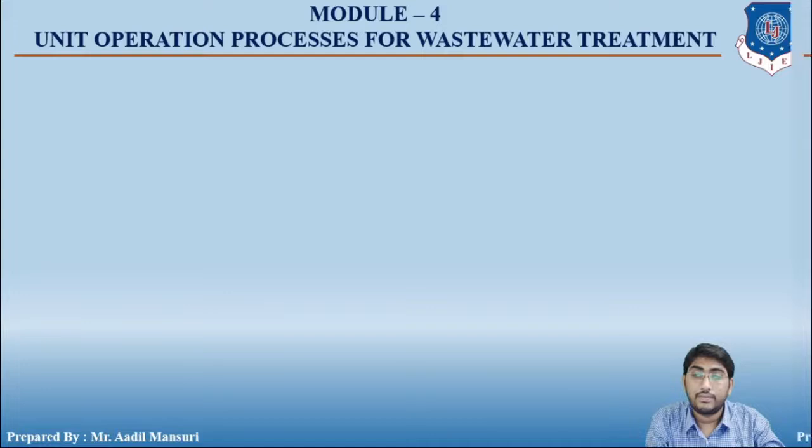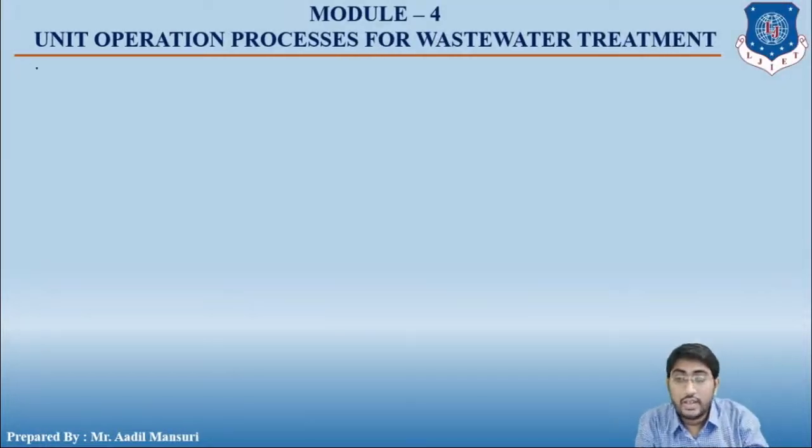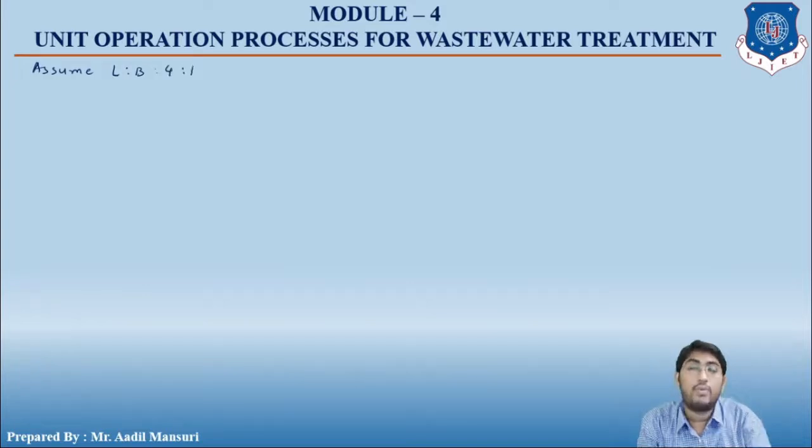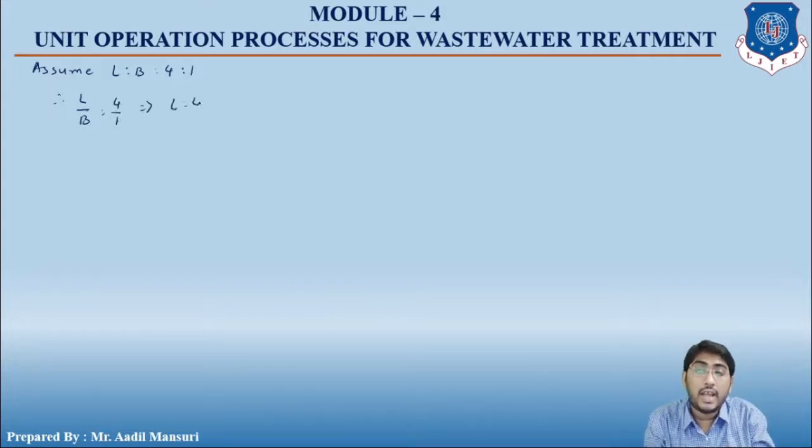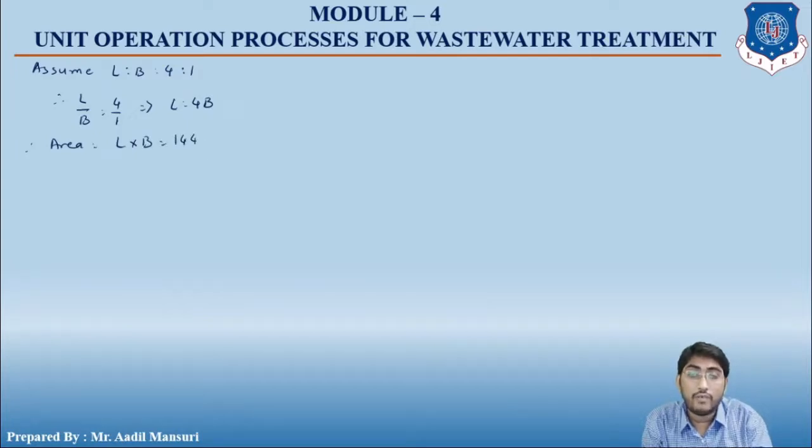Now we need to find out length and width. So next assumption, assume L is to B equals 4 is to 1, right? So therefore L by B equals 4 by 1, that implies L equals 4 times B, right? Now therefore area equals L into B, and that is nothing but 144 meter square.